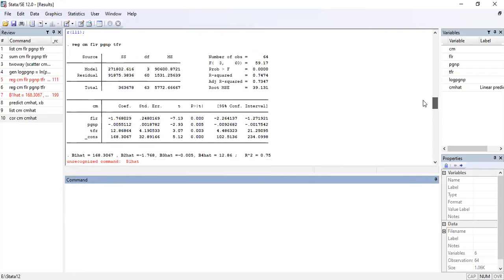What is the estimated equation here, by the way? Can anybody tell me?